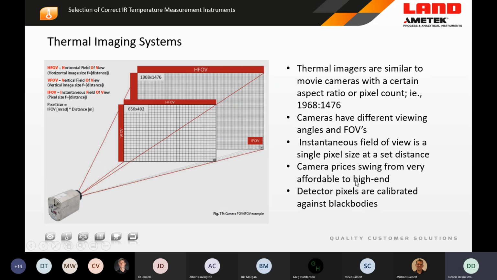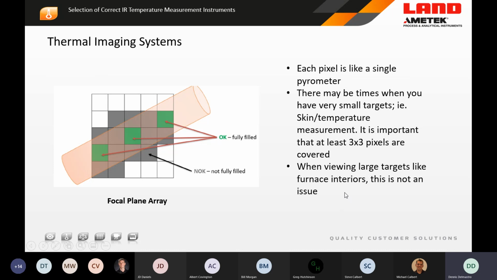Camera prices can swing anywhere from very affordable to high end, and these are also calibrated against black body calibrators. Now, in very small applications, you may have to be careful about the number of pixels that you can get a reading off of. We have cameras that can actually measure skin and body temperatures.